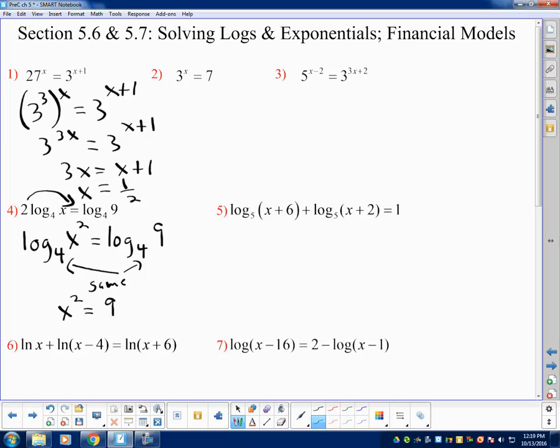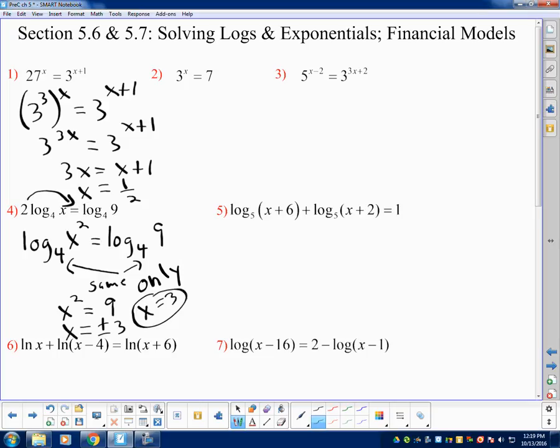Now, this brings up an interesting problem here. When I solve this algebraically, I get x equals plus or minus 3, but not both of those work, right? Only x equals 3 works. Here's why.